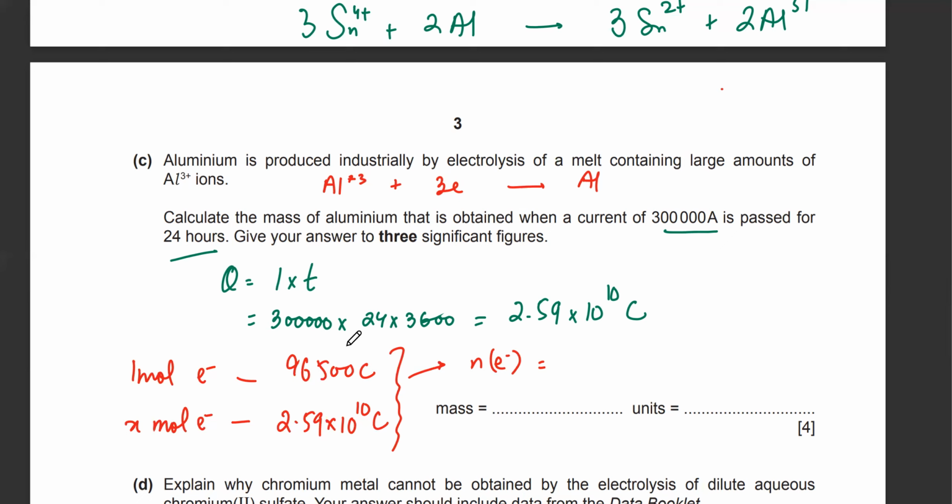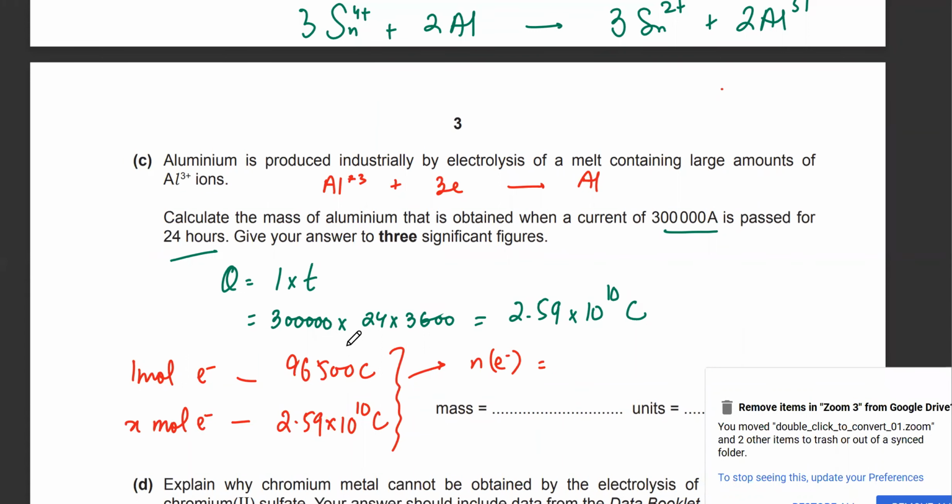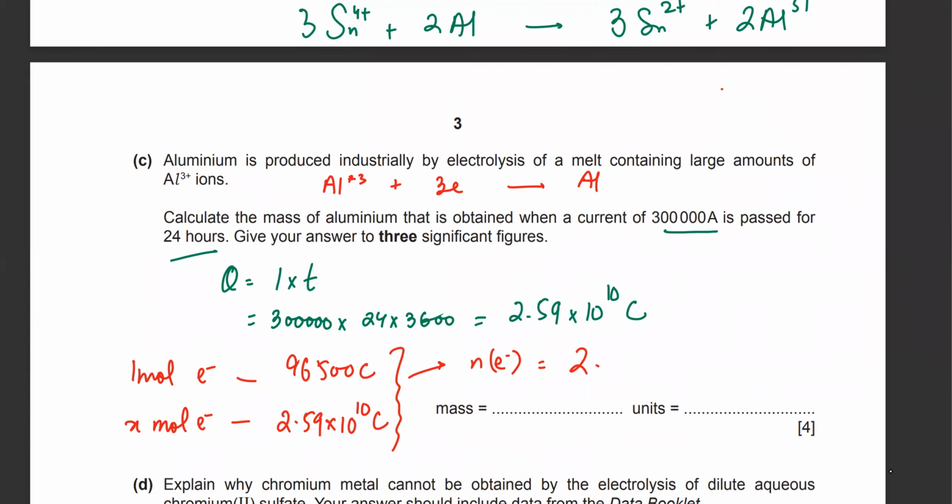How many moles of electrons do you get? 2.69 times 10 power 5 moles of electrons.